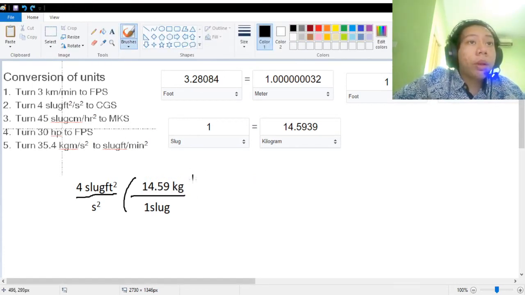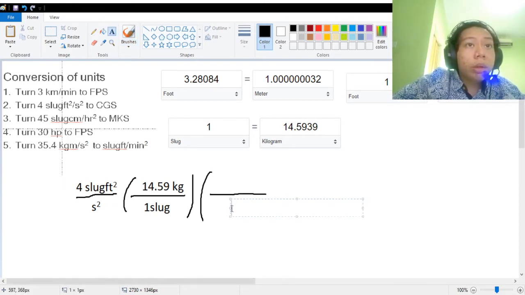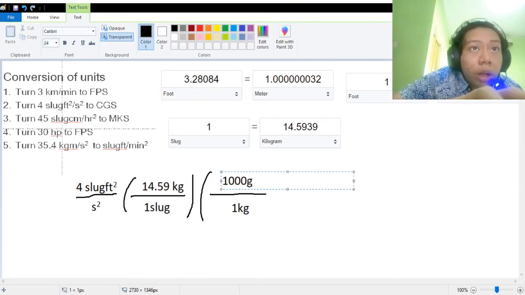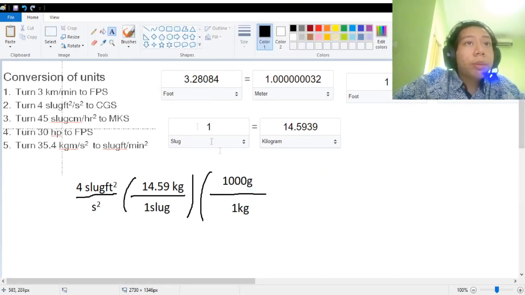So parenthesis, then we need to convert kilograms to grams, and we need to cancel kilogram. So 1 kilogram is equal to 1000 grams.